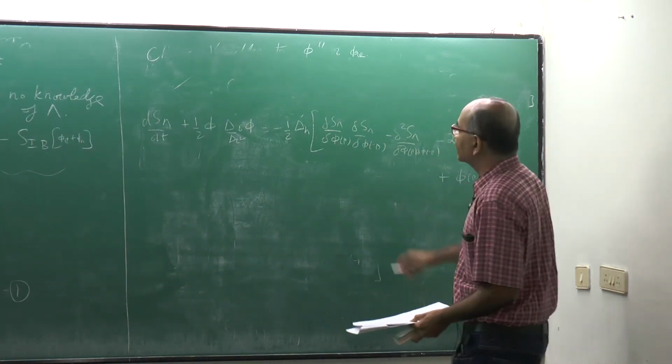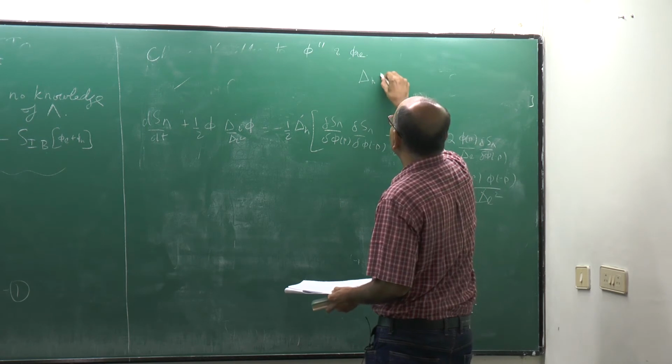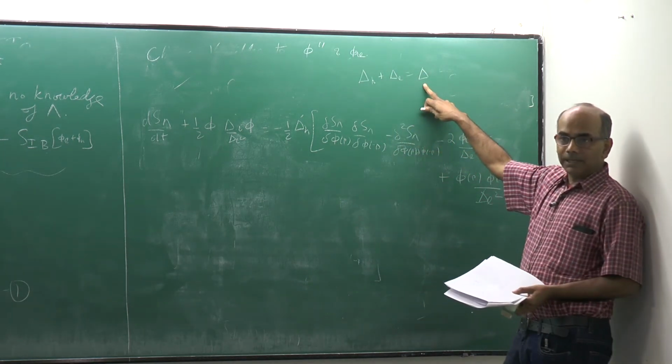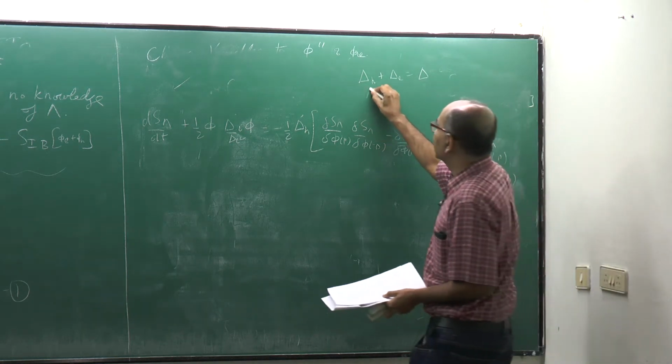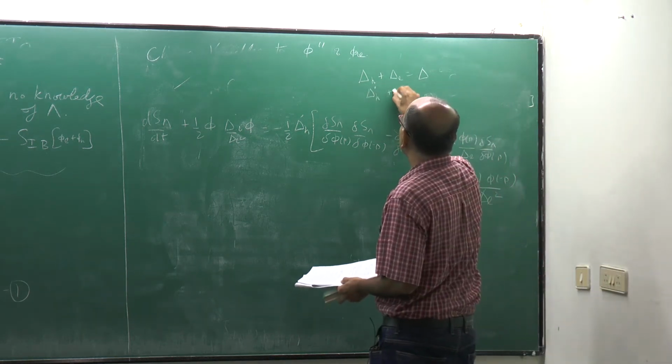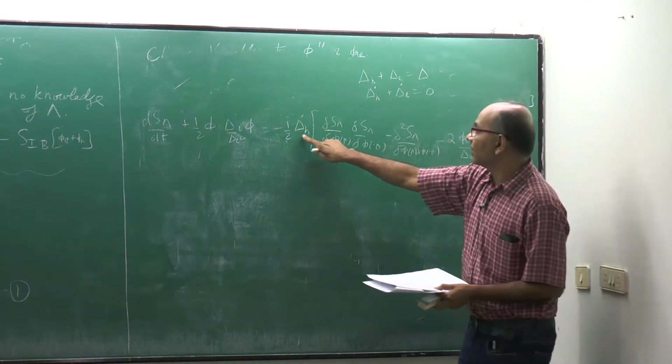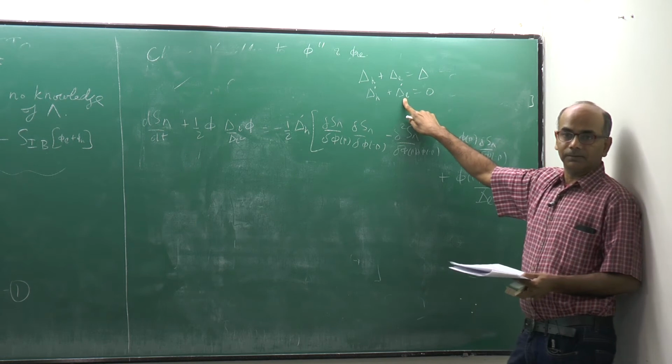Now you notice that delta h plus delta L is delta. This has no lambda dependence. So delta h dot plus delta L dot is 0. So this delta h dot is actually minus delta L dot. Okay?